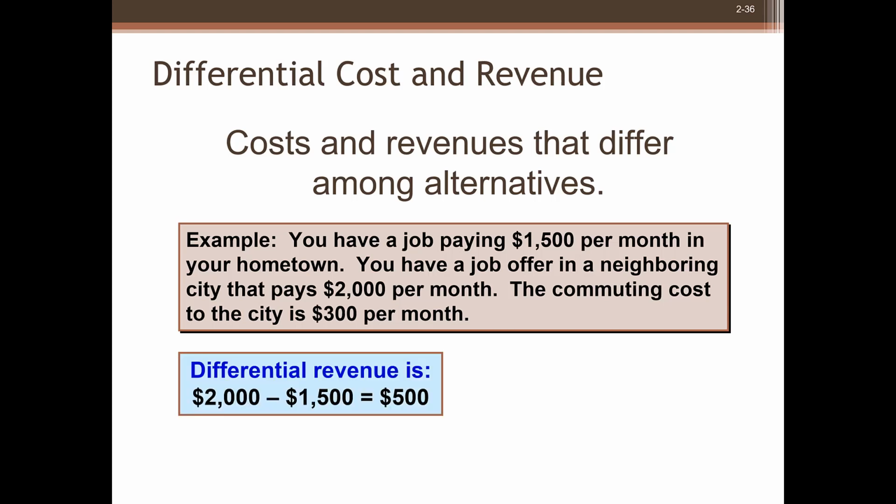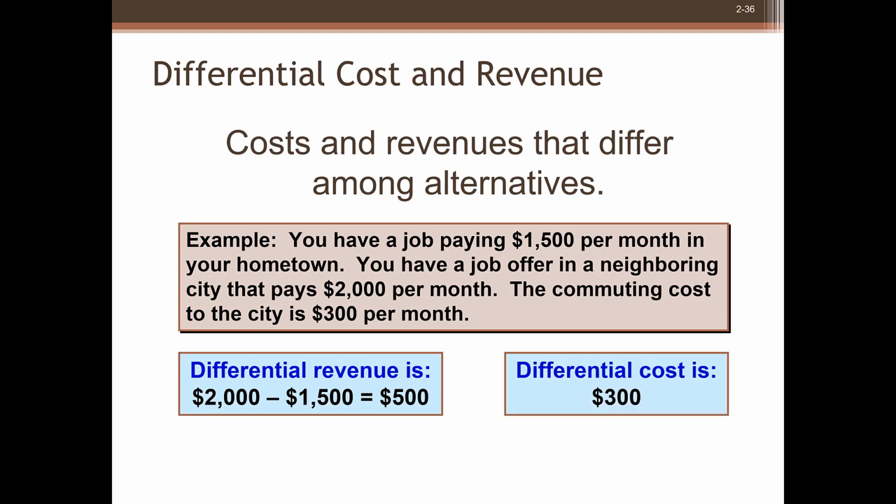Differential revenue is the difference in revenue. $2,000, that's the job offer in the neighboring city. And $1,500, this is the salary for the current job. So the difference here is the differential revenue, $500. The commuting cost to the city, $300. This is differential cost.